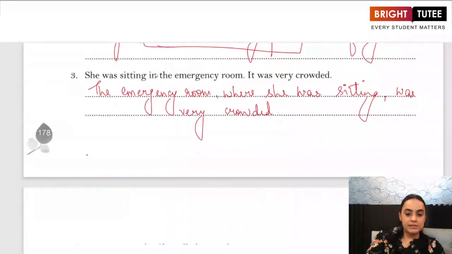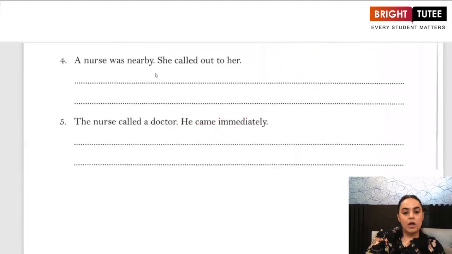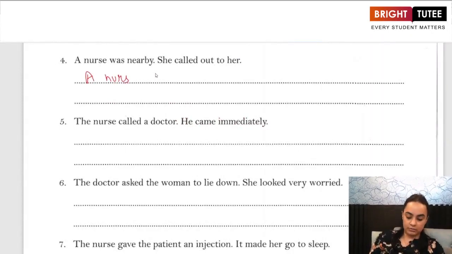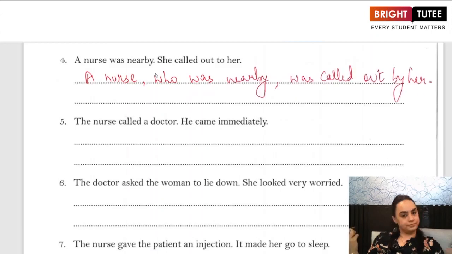Let us look at the other sentence. A nurse was nearby. She called out to her. So a nurse who was nearby was called out by her.